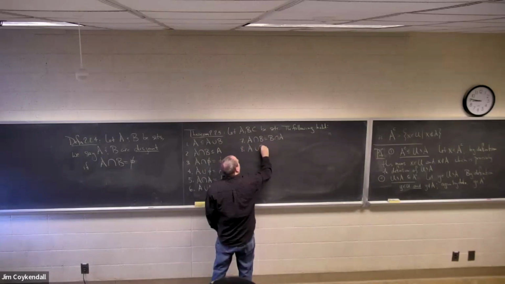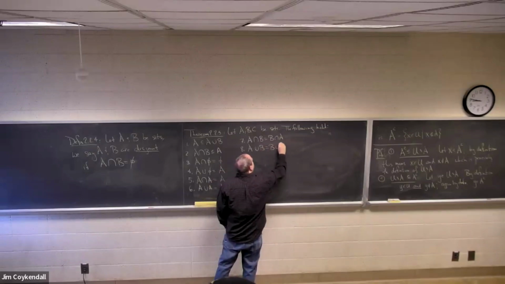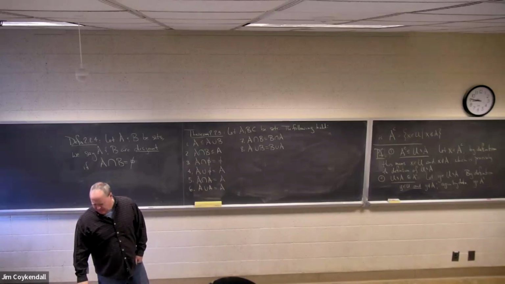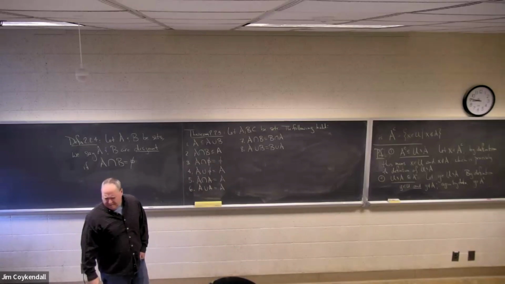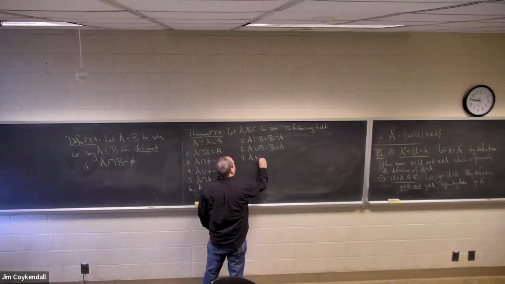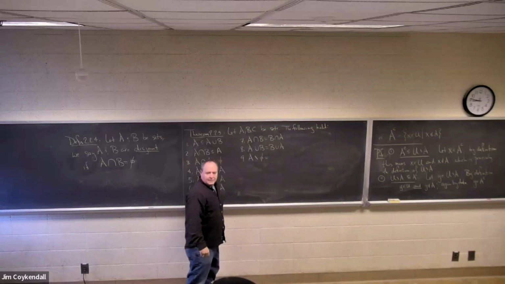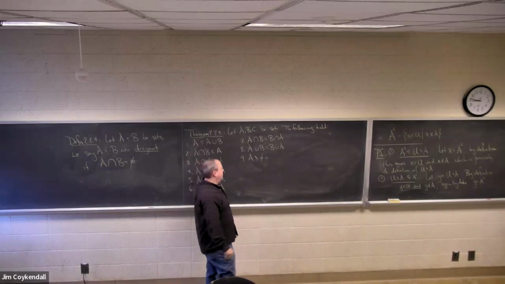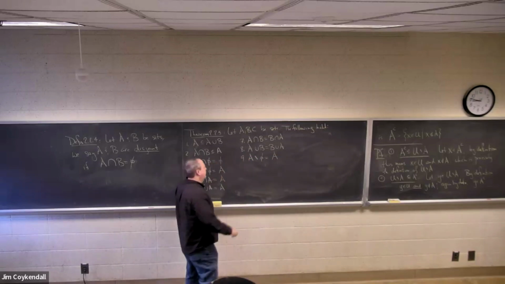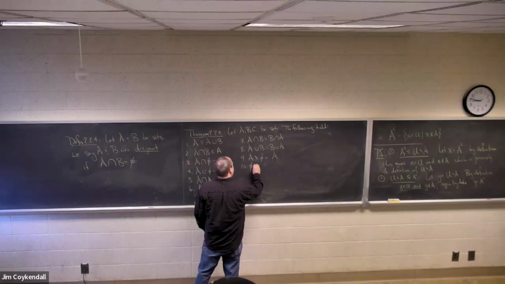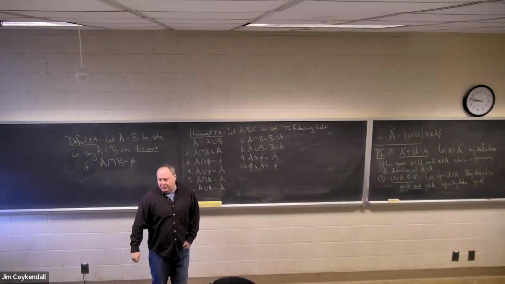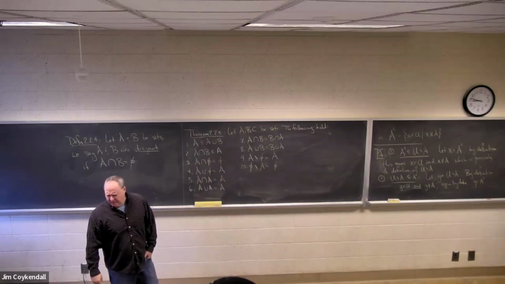It doesn't matter what order you union sets in, you get the same result. A take away the empty set, but you've taken away nothing, so A. The empty set, take away any set is empty, because there was nothing there anyway to take away from.